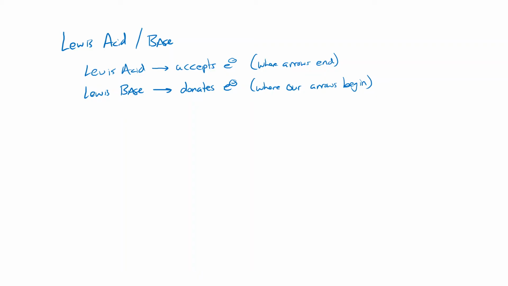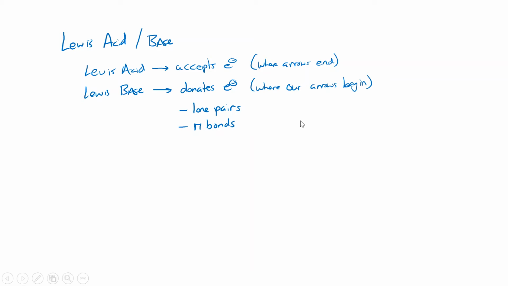Notice that in all those cases, we start from a lone pair or a pi bond. Lewis bases are no different. That's where our electrons start, where our arrows begin, so we're generally going to associate lone pairs and pi bonds with being a Lewis base.